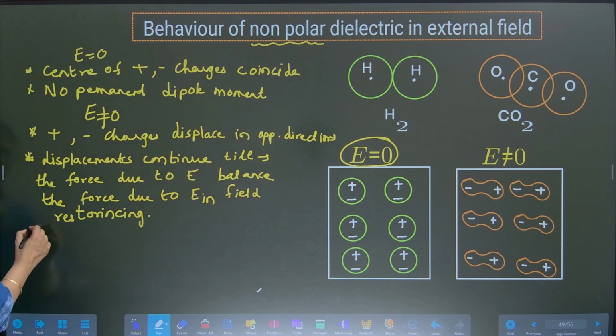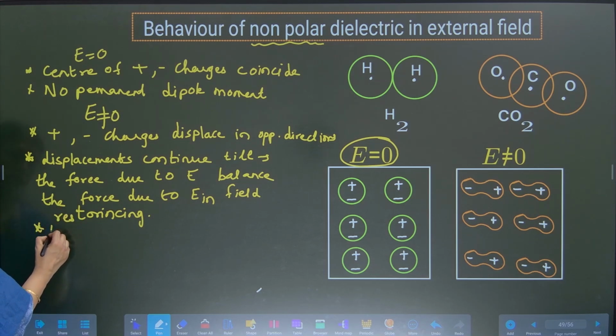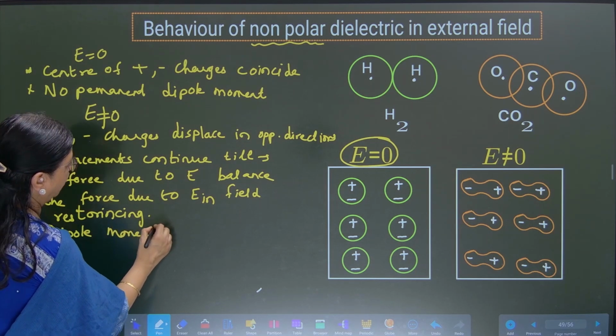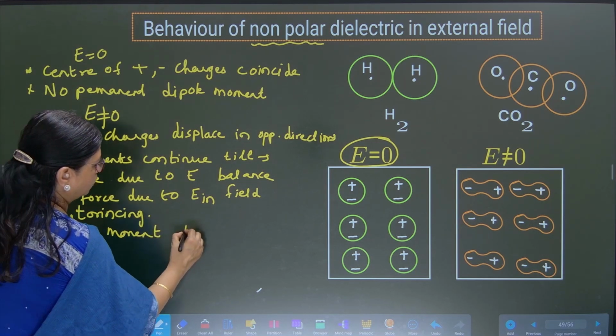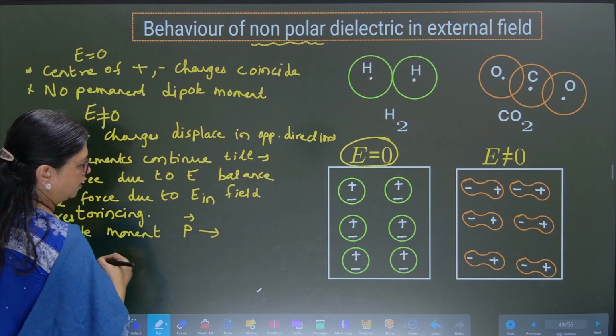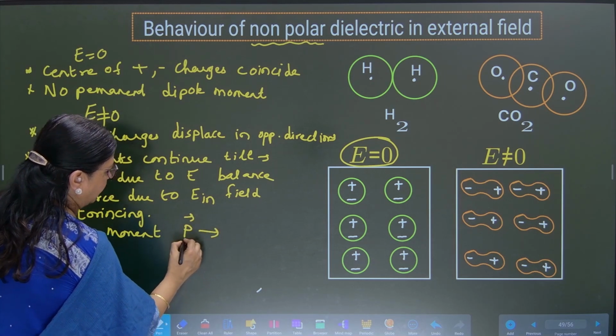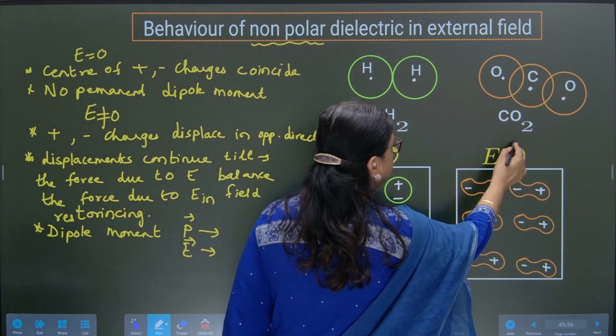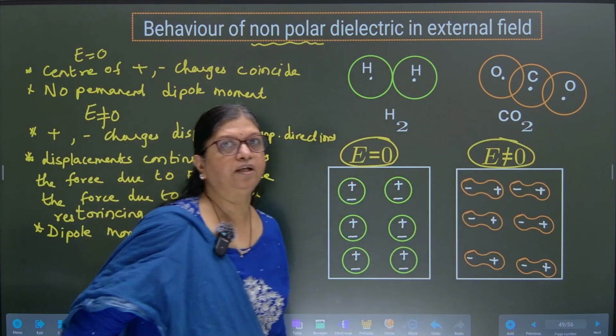And finally, a dipole moment will form, whose direction will be the same as the direction of the external field which we have given.